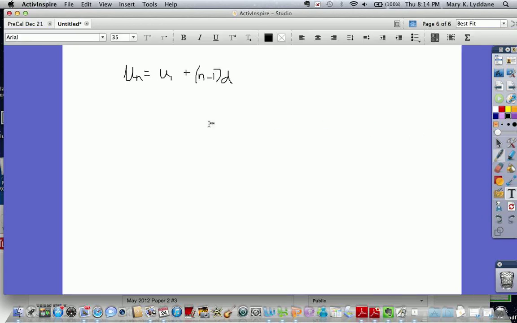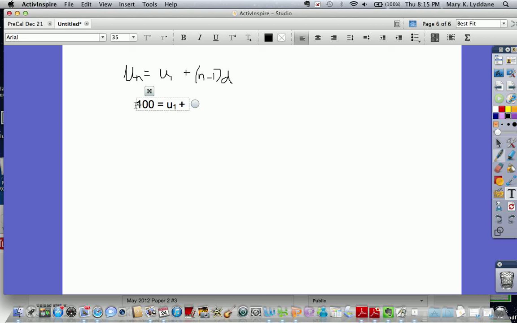We know that the 6th row is 100, so 100 is equal to the first term, u sub 1, plus n minus 1.